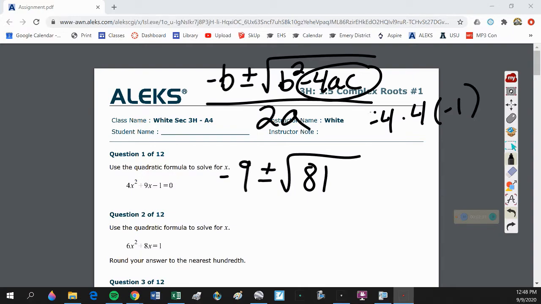And notice that negative came from inside. So negative 4 times 4 is negative 16, times negative 1 is plus 16, and then I write plus 16 in here. That really is the most common mistake people make. They mess up this negative by not putting it inside the multiplication. Okay, all over 8.